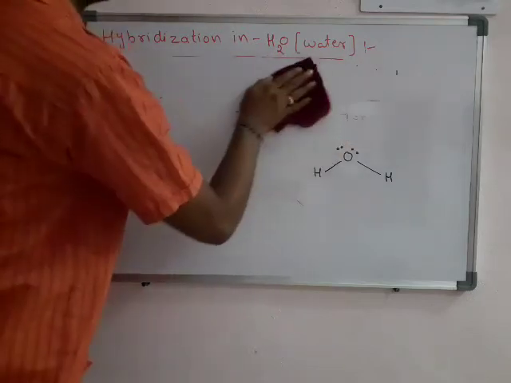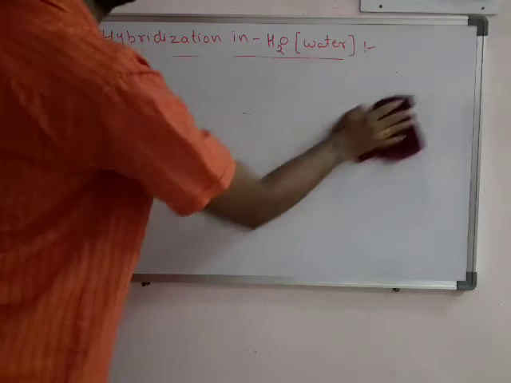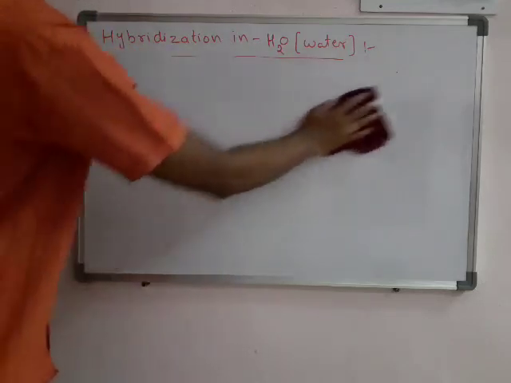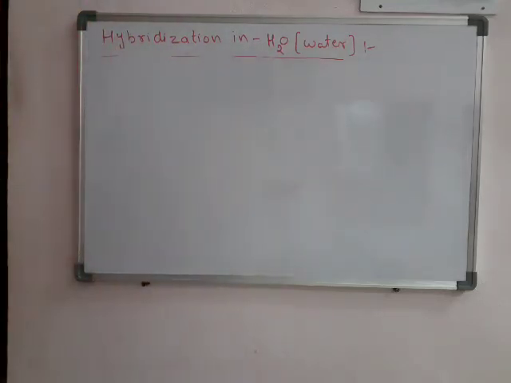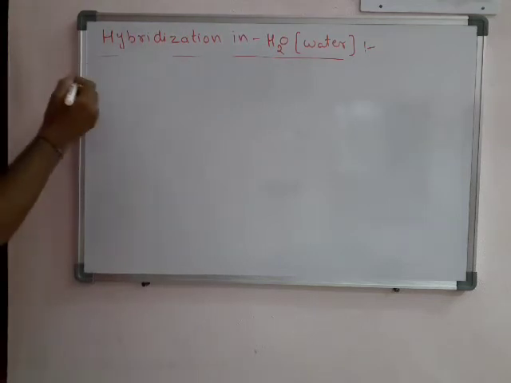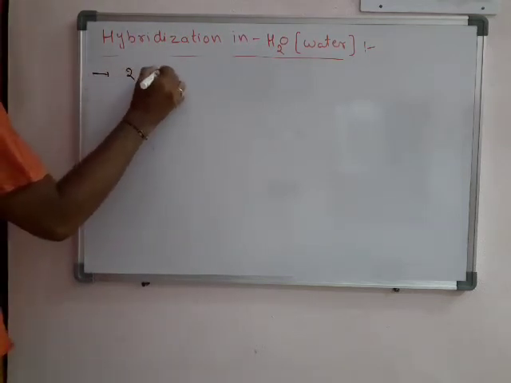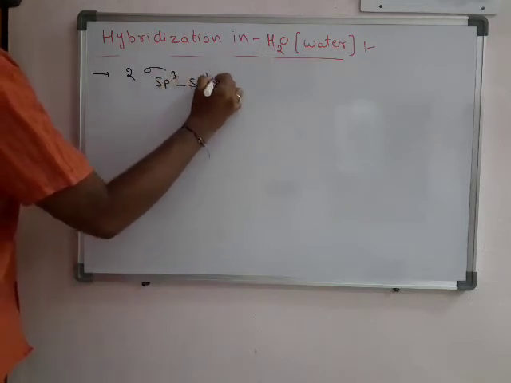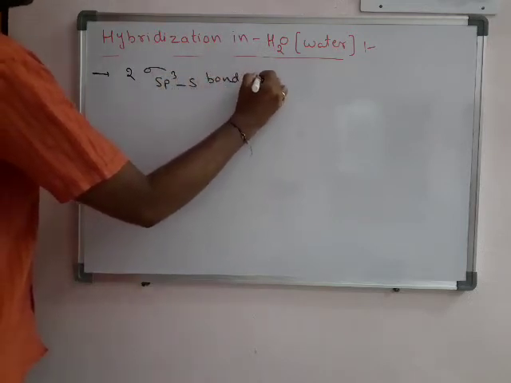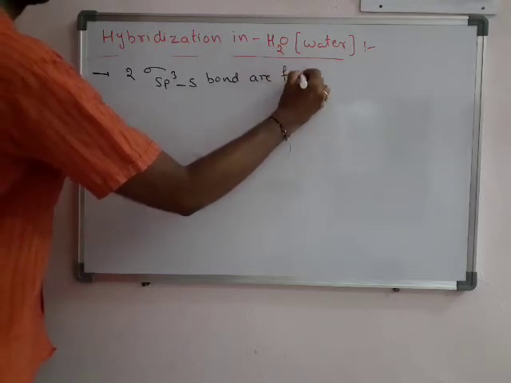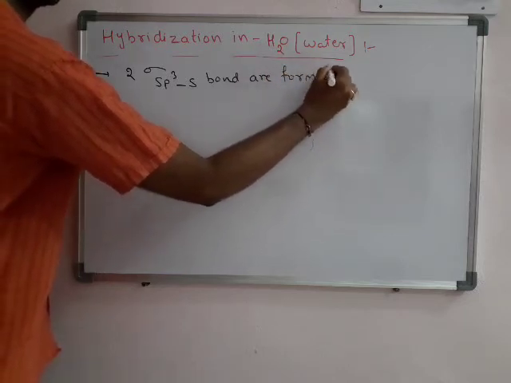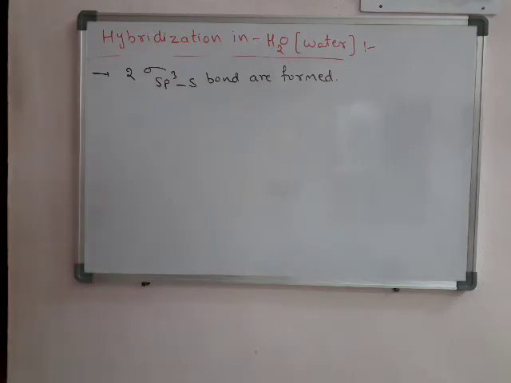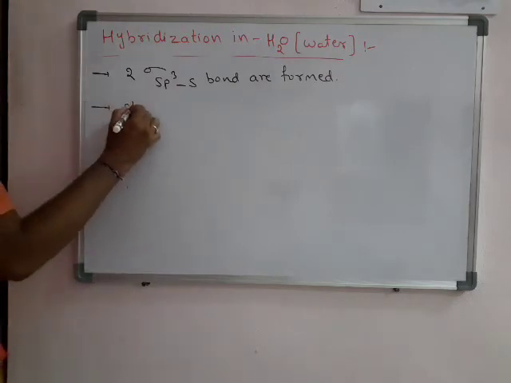So finally we can write the formation of 2 sigma sp3s bonds. sp3s bonds are formed. Then what is the structure?